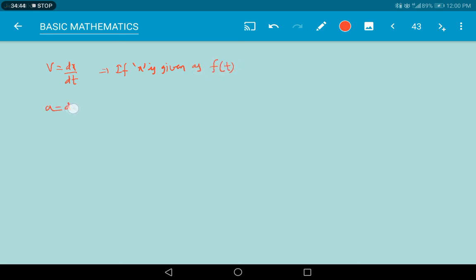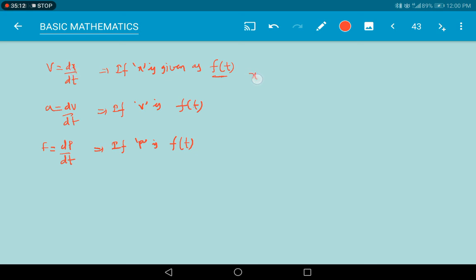Acceleration is dv by dt if v is given as a function of time. Next, force is dp by dt if momentum is given as a function of time. What is the meaning of this? The displacement is varying with respect to time.